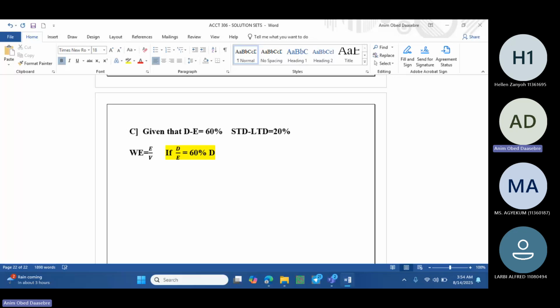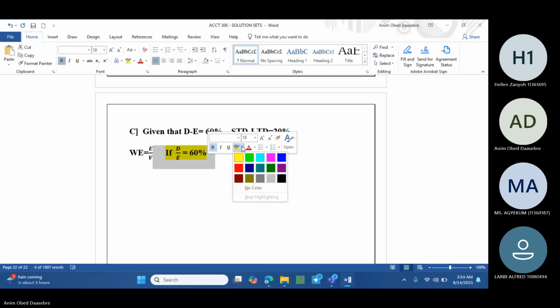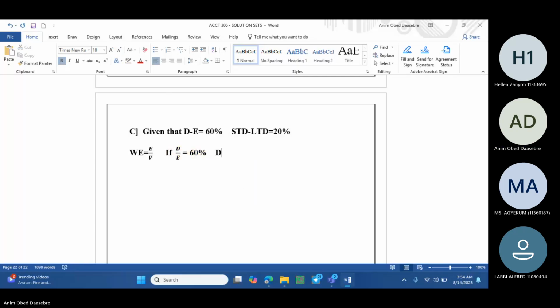Making D the subject, you get D equals 0.6E.